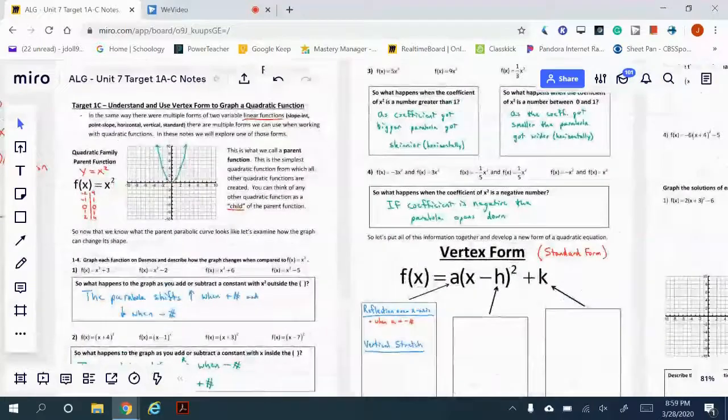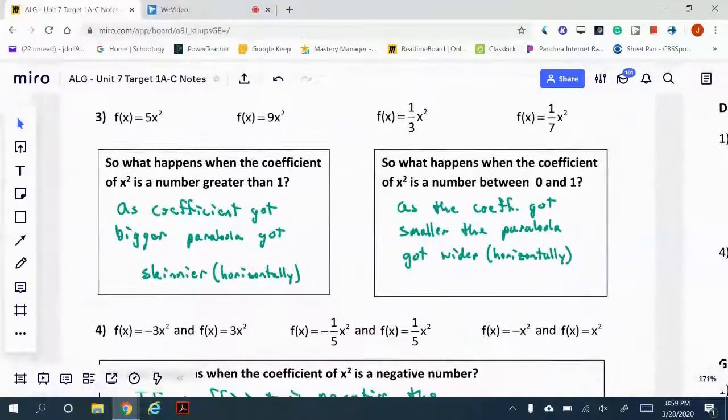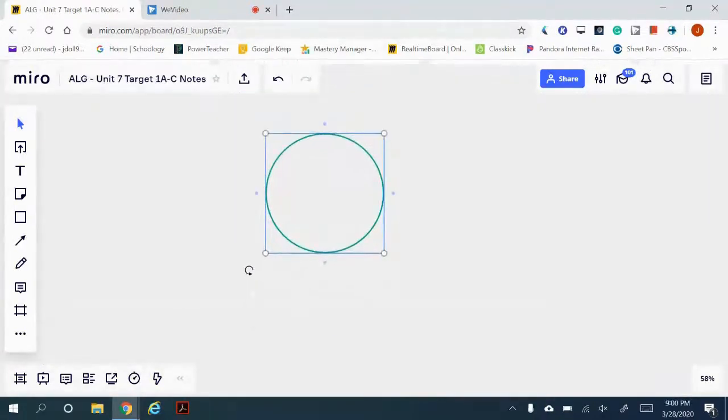When we looked at number 3 here, what we saw was as the A values got bigger, 5 and then 9, the parabola looked like it got skinnier horizontally, right? And as A got smaller, 1/3 and 1/7, the parabola got wider. Well, the reason it looks like it's getting wider and skinnier horizontally is actually because of what's happening vertically.